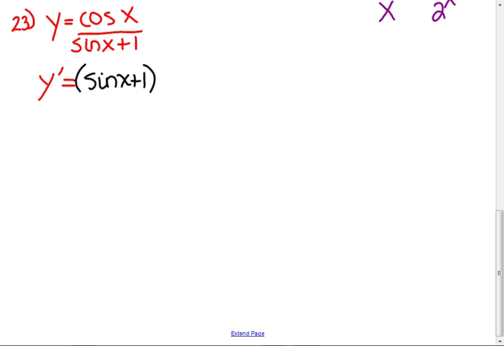What's the derivative of cosine? Guys, what's the derivative of cosine? Negative sine of x. Remember, all the cofunctions, their derivatives are negative. It really helps to know that. Okay, Sophie, what's next? Minus the numerator times the derivative of the denominator. Cosine of x.